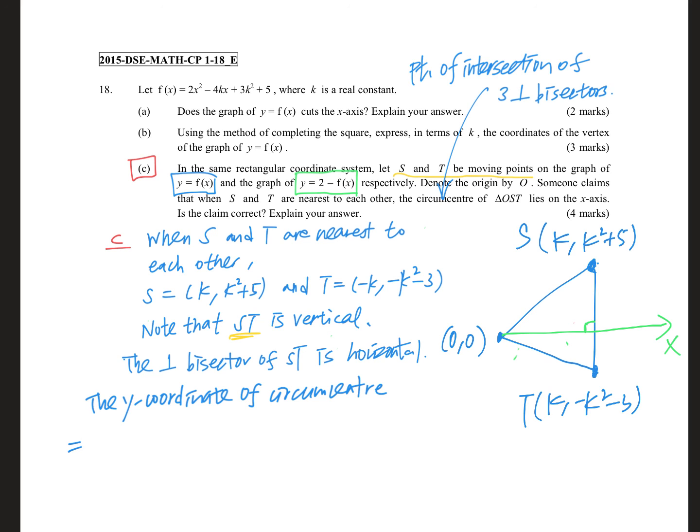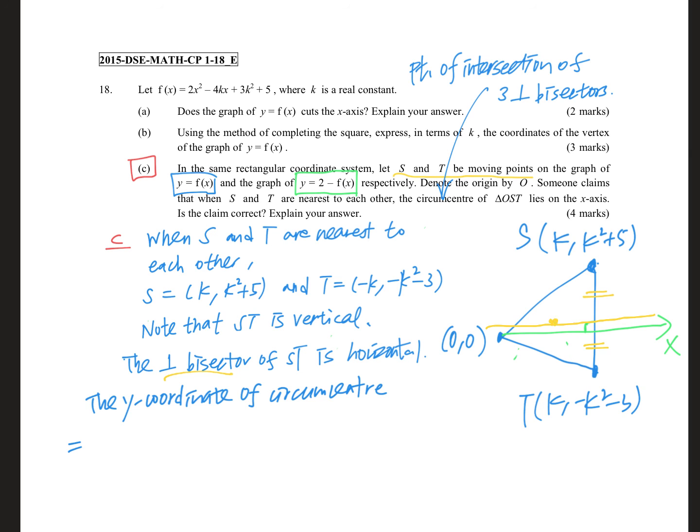So we need to draw the perpendicular bisectors. The perpendicular bisector of ST will be here, because it needs to pass through the midpoint.